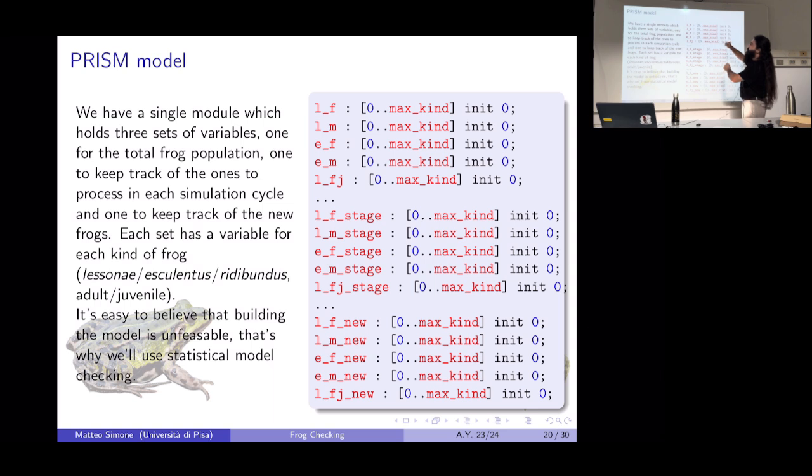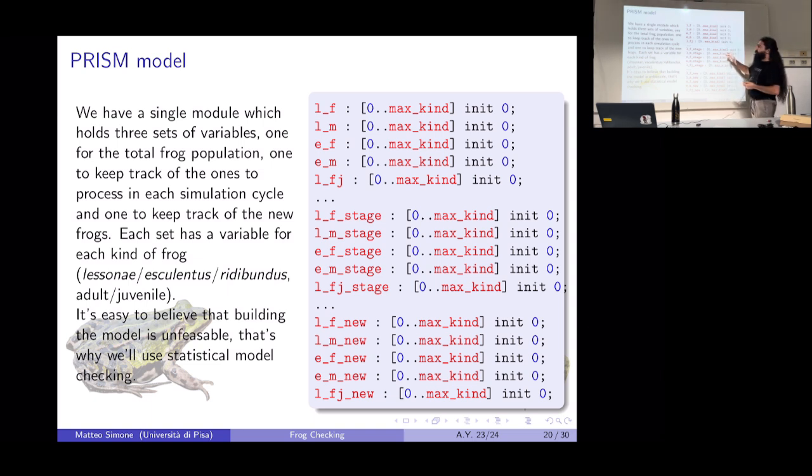We have just a single module which has 3 sets of variables, all describing almost the same stuff. All these sets describe the number of frogs, where L means lessonae, F female, M male, E esculentus, and so on. J means juvenile. So we have one set that describes the total number of individuals we have.